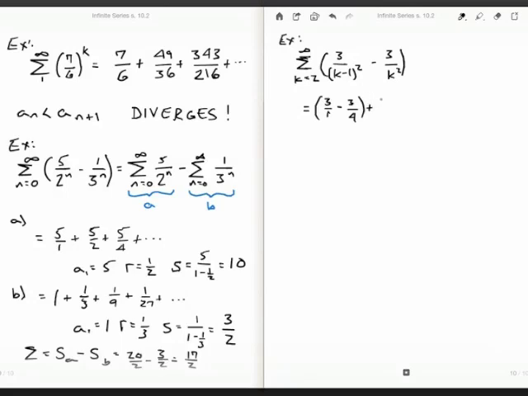So 3 over 3 minus 1 is 2 squared is 4, minus 3 over 9. And with my handwriting, this is going to look a lot alike, so we got to make this a really pretty 9. There. And then the next one is going to be, this is k equals 2, k equals 3, k equals 4. So 4 minus 1 squared, so that's 3/9. And again, I got to make that a pretty 9.